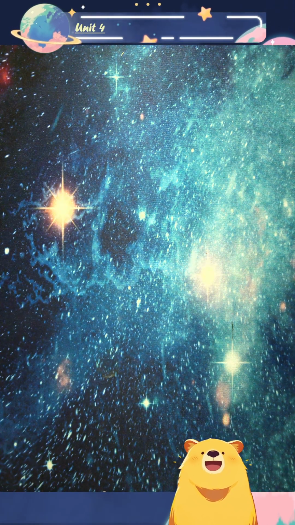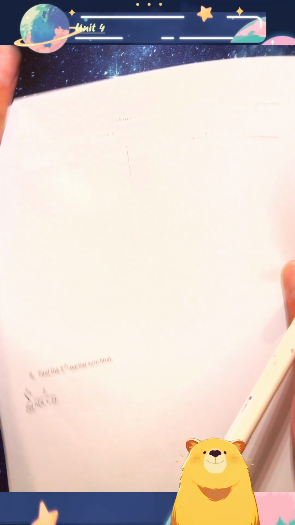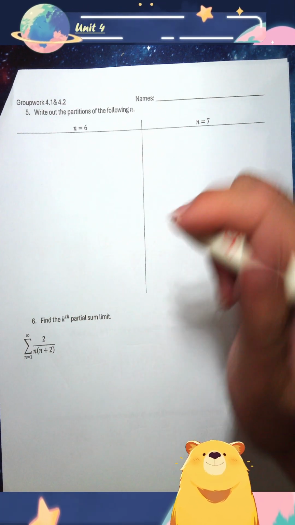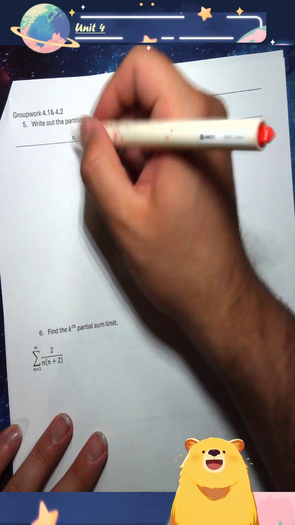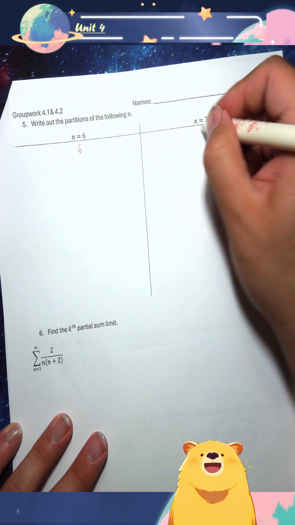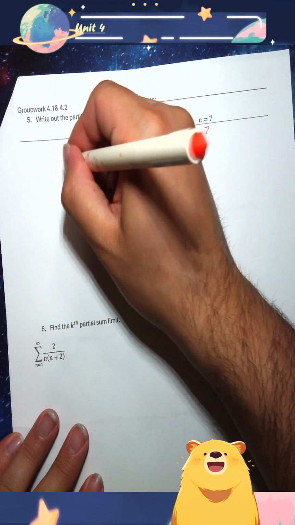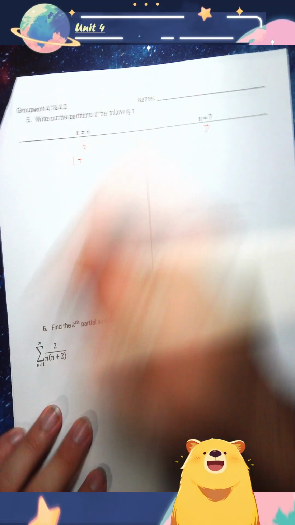All right, next, write the partitions of the following n. So you have n equal to 6 and n equal to 7. I'm going to start with the easy ones, just 6 and 7. Then let's take a 1 out and see how many 1s we can take out.